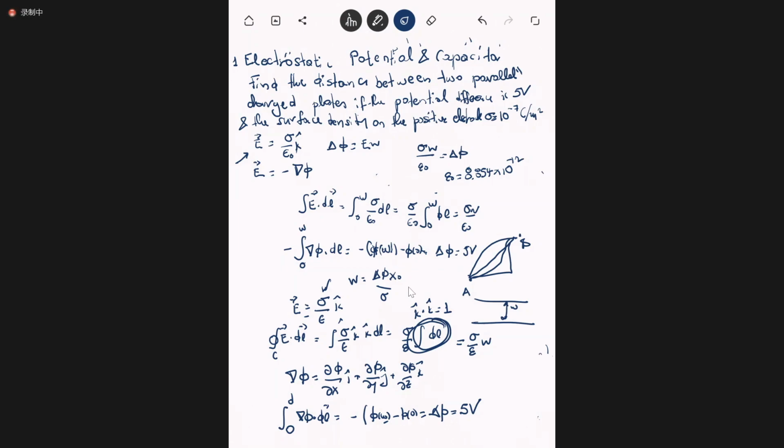Right. So hopefully the concept of the potential, in other words the difference in terms of voltage between 2 points, and its relationship to the electric field is understood.